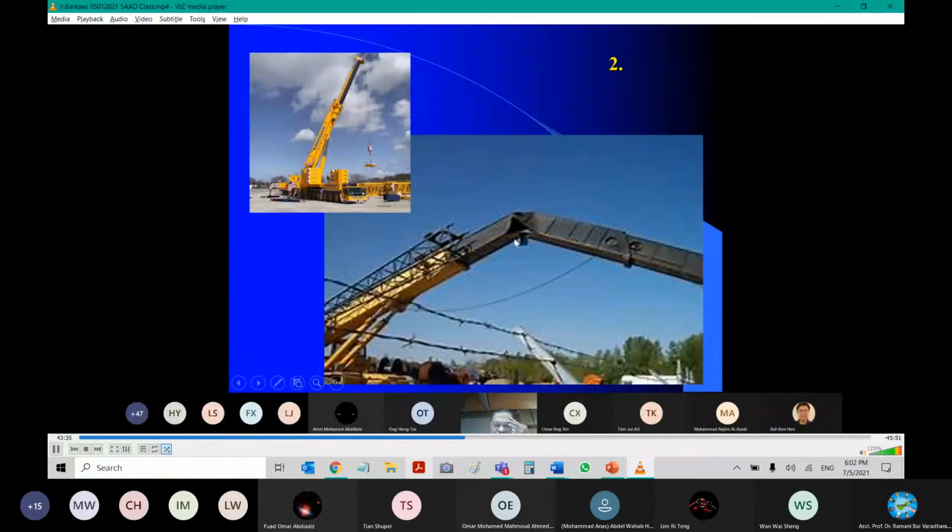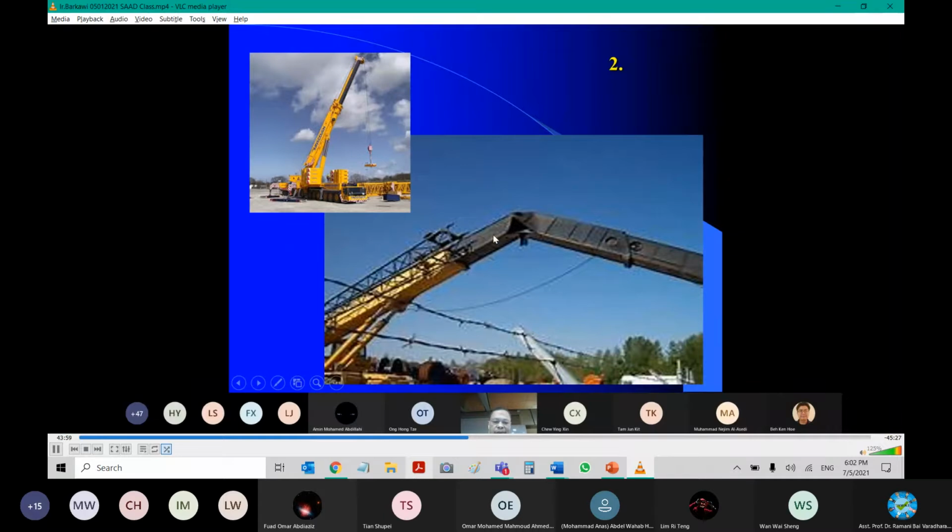Can you see that? Yes. Oh, it's not visible. So it can fail, and it failed in bending. The reason is that the bending stress is high compared to the capability of the materials being used.